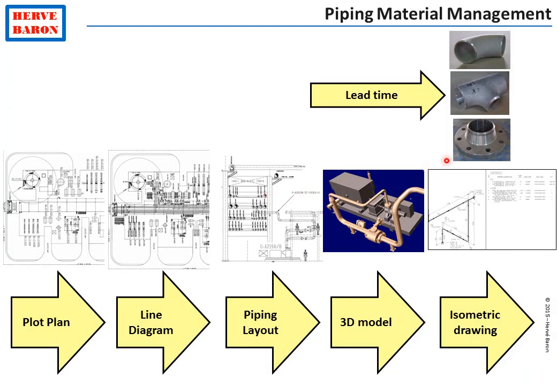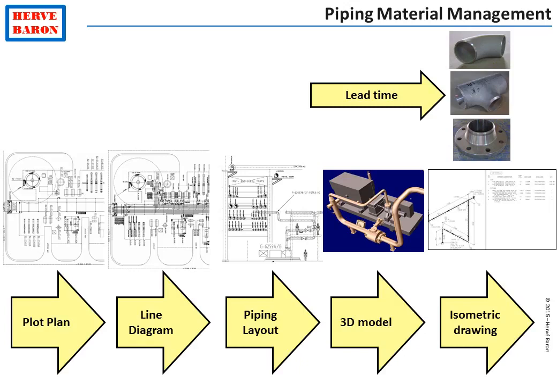Piping materials are required at site at the same time as construction drawings. Piping materials require anything from 2 months to 8 months from order to ex-works delivery.